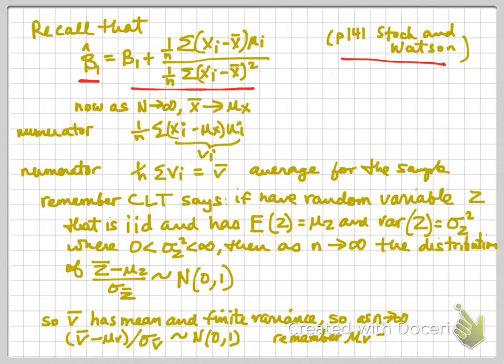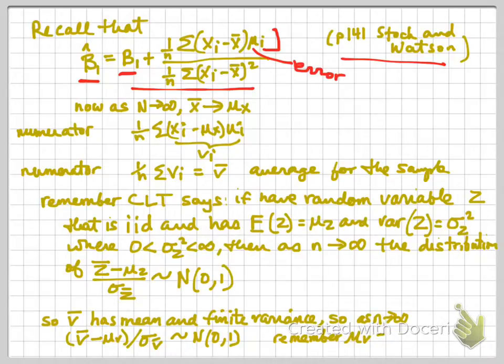and end up with this expression where beta hat consists of two terms: beta, the population beta, the true beta for the population, and then this term that has a numerator that's the sum of xi minus x bar times ui, which is the residual or the error term.